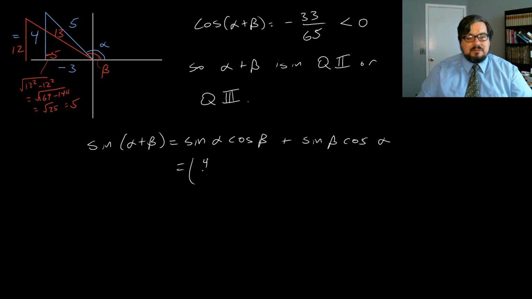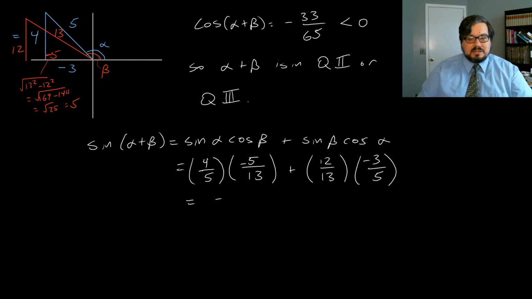So sine of alpha is 4/5. Cosine of beta is negative 5/13. Sine of beta is 12/13. And then cosine of alpha is negative 3/5.